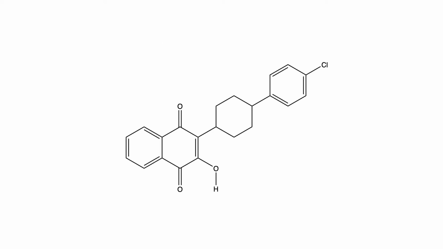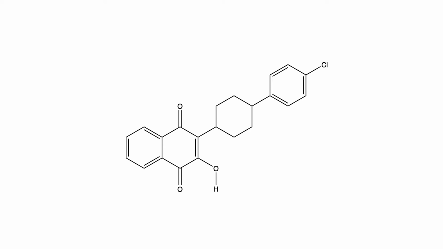So now let's focus on what makes up the molecule of Atovaquone. As what is present to us right now, we can at least distinguish the major functional groups that make up this molecule.